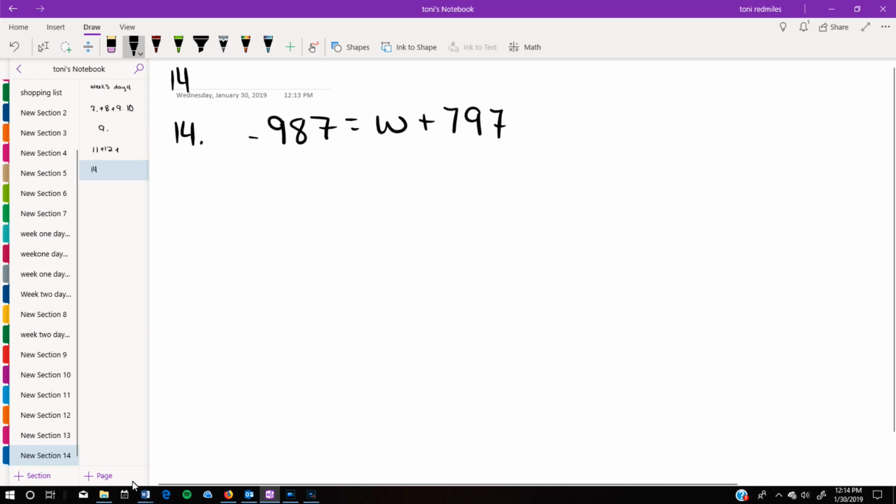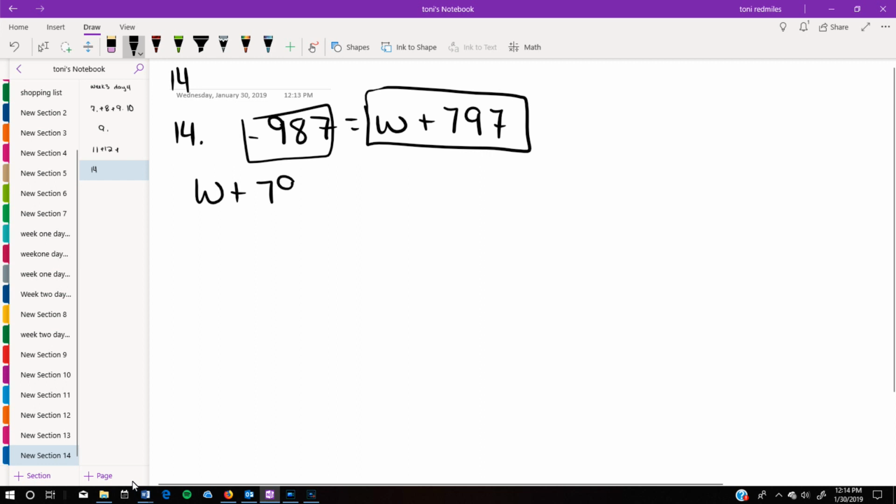Okay, so I don't like the way this is written. I'm going to flip-flop. So it's going to be w plus 797 and negative 987 here. The 797 is being added to w, so I need to subtract it to get my 0.